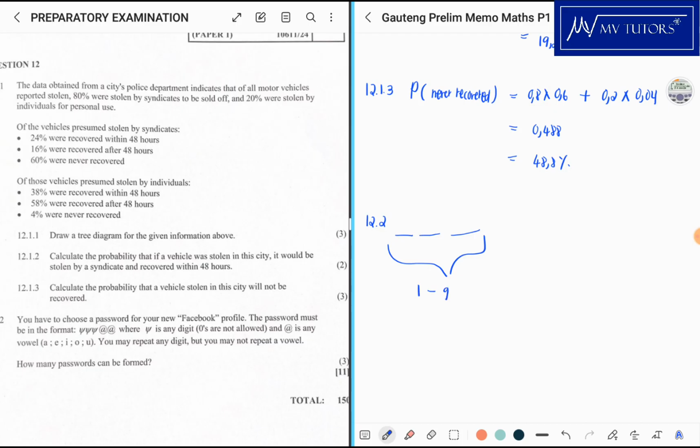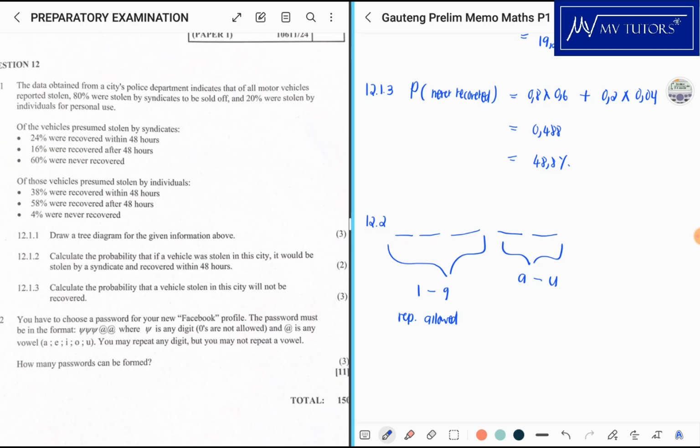So I have 9 digits available to me because 0 is not allowed. And then the at, which has 2 spaces, is any vowel. Okay, so if it's any vowel, it's A, E, I, O, U. And you may repeat any digit. So repetition is allowed.